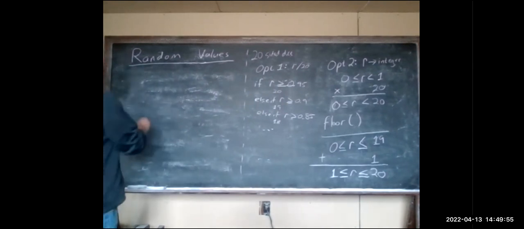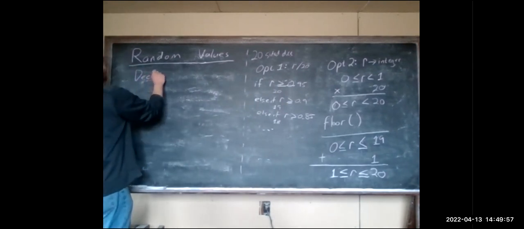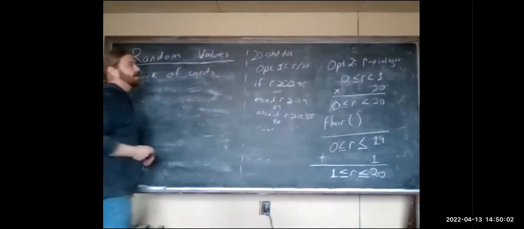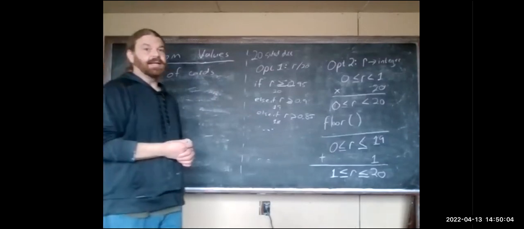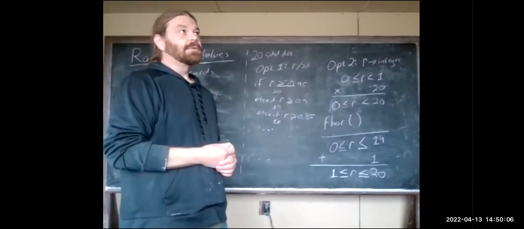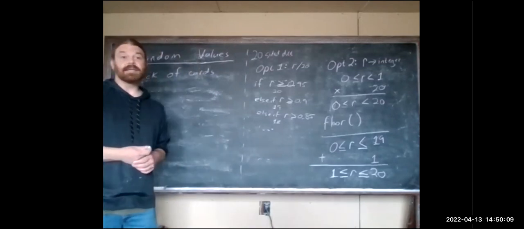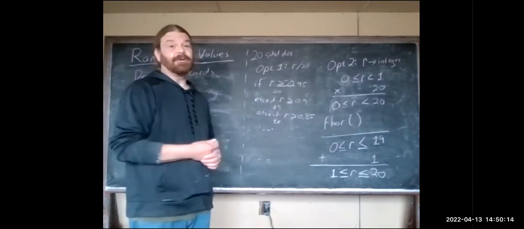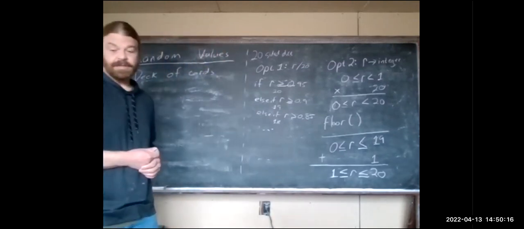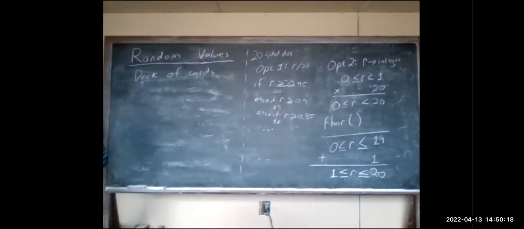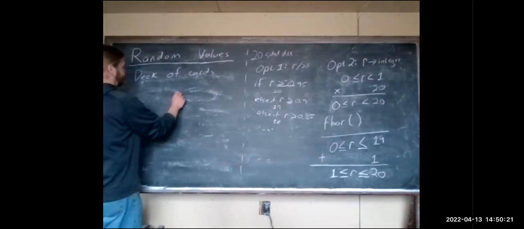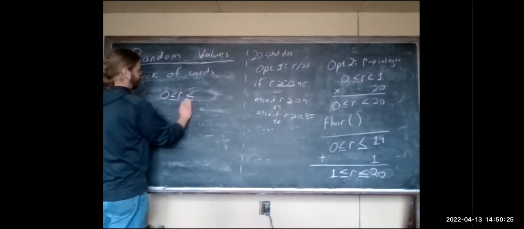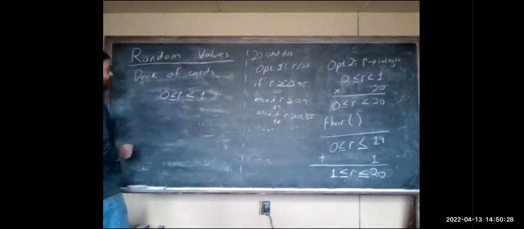So for a deck of cards, I also like to use this example because there's a little subtlety that can make this tremendously easier, but it might not be obvious at first how we get that. So we need 52 numbers. So we'll start by generating a random number between 0 and 1. It doesn't include 1.